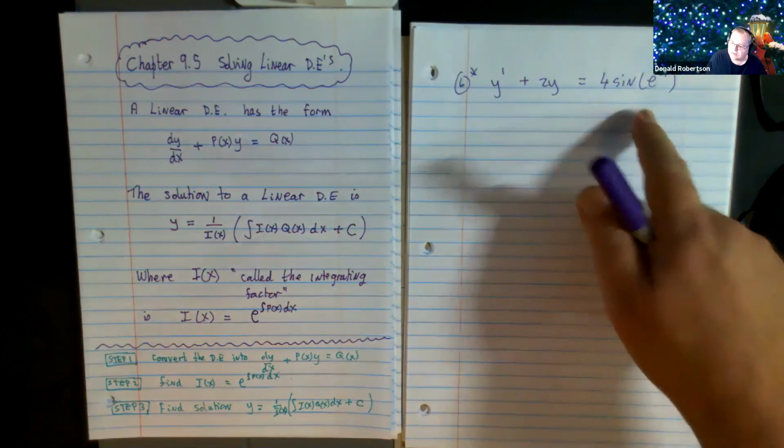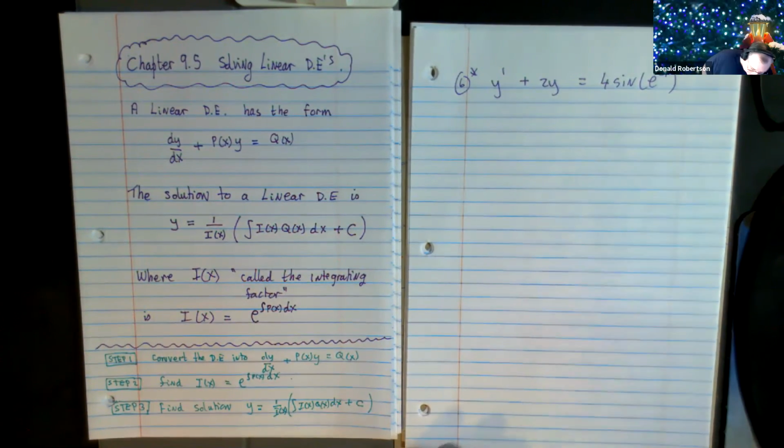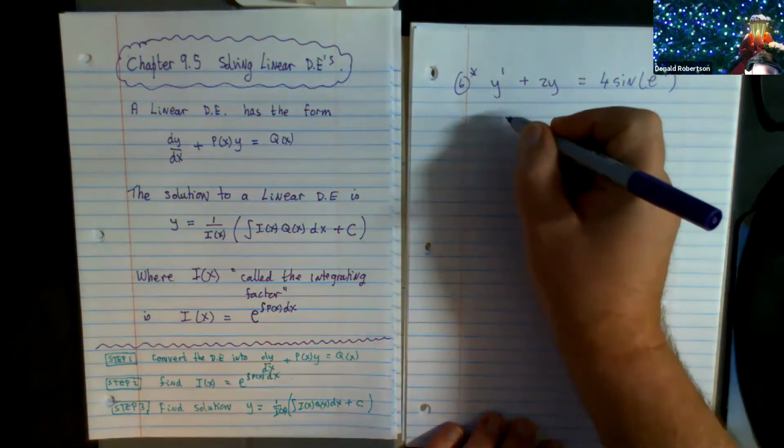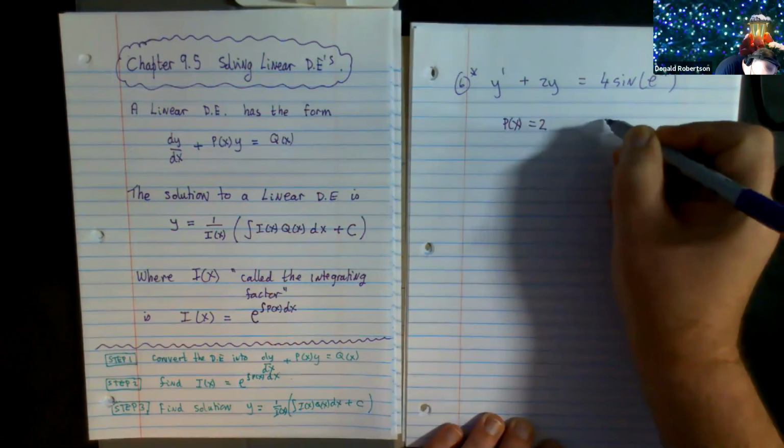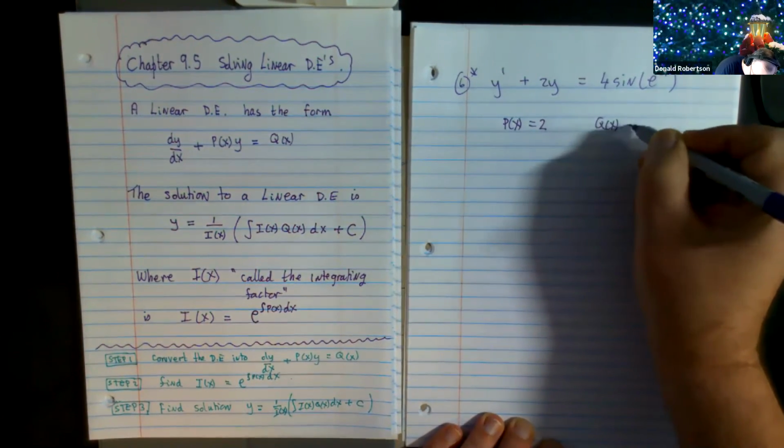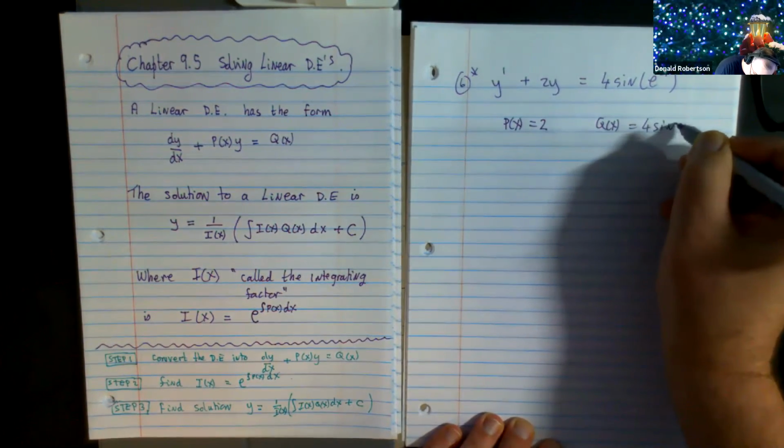Yeah, that's what caught my eye. Some bits of it are not that bad. For starters, isn't this equation good to go? I don't need to do anything. The p of x is this guy, so it's 2. And the q of x is that really ugly sine function.